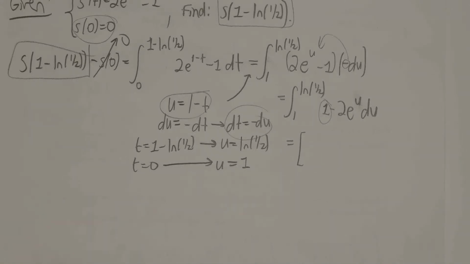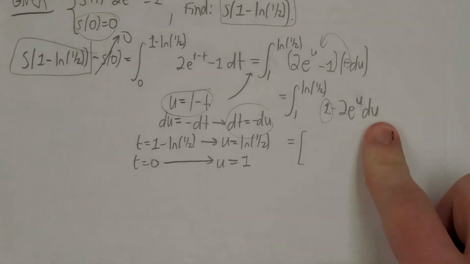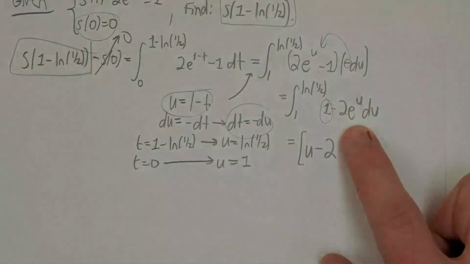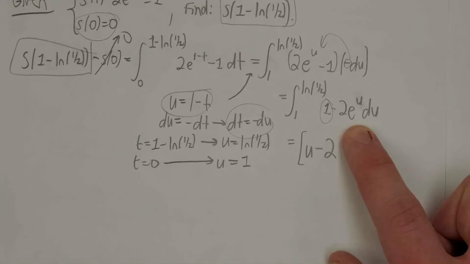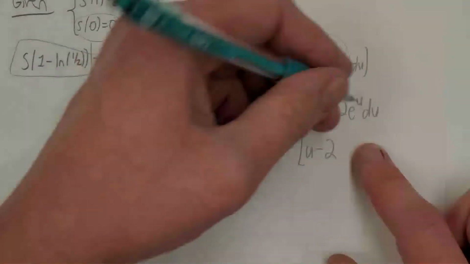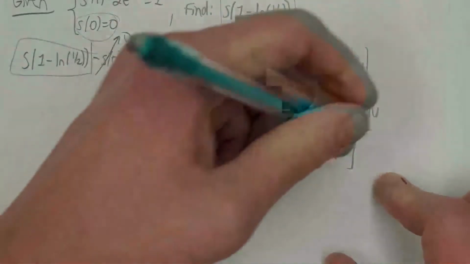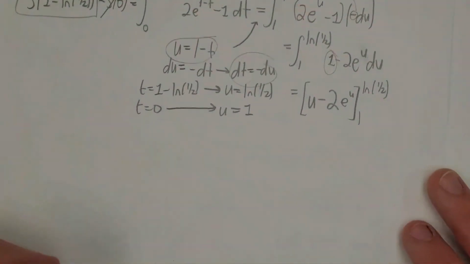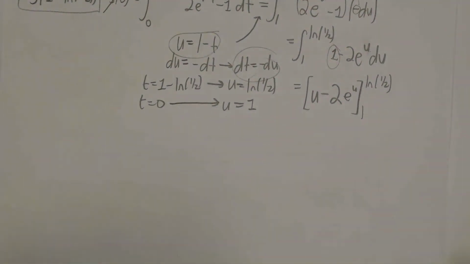Yeah, u in this case, right? And then minus 2 times, what's the antiderivative of e to the u? It's itself, right? So then we have 1 and natural log of 1 half as our bounds. Then we just apply the fundamental theorem and go from there.